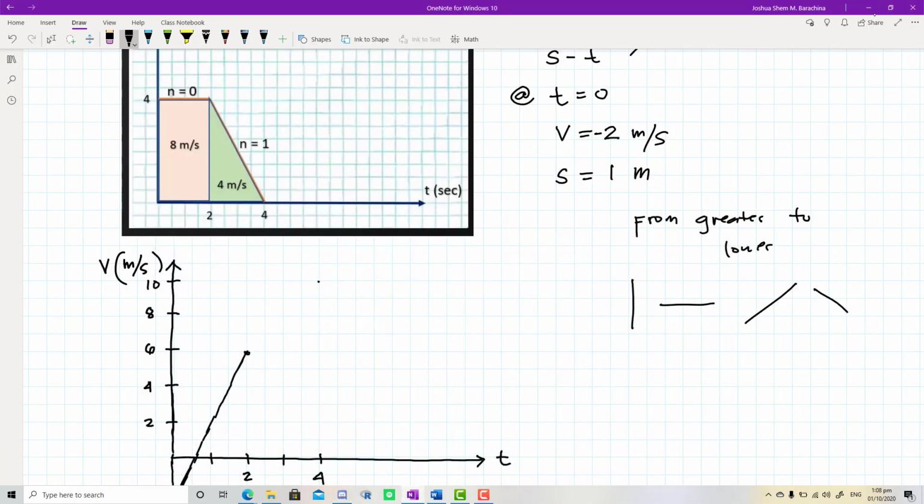The slope of this increasing line, ang slope nito ay is that positive or negative value? Positive value.